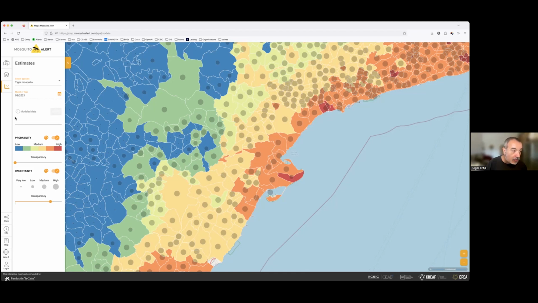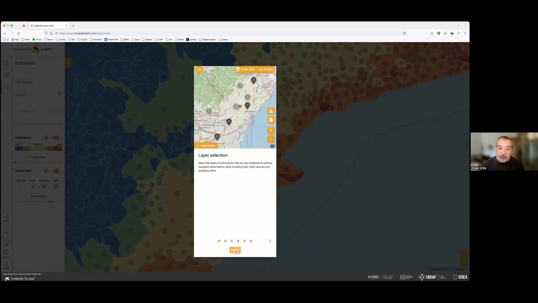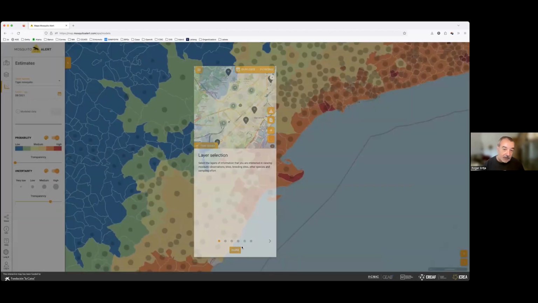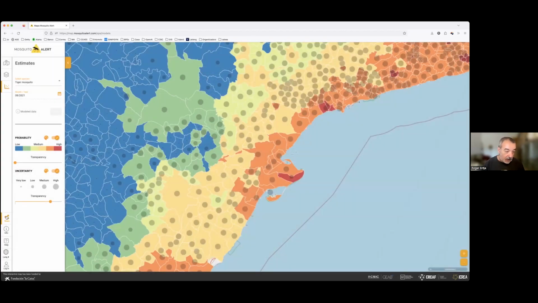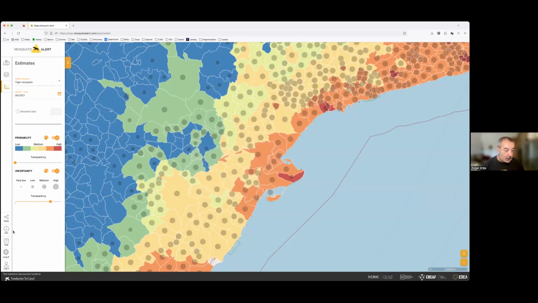There's also a help button where you have very nice videos on the function of everything. And you can also share a specific view of this map with this button, so you get a link to this specific visualization, and change languages.